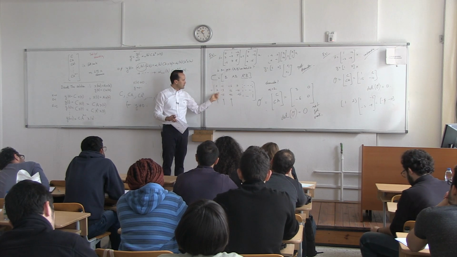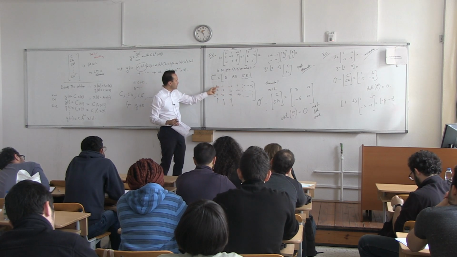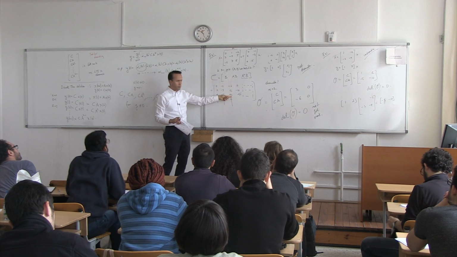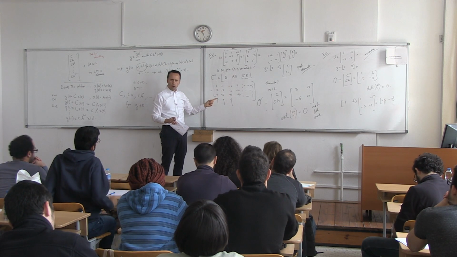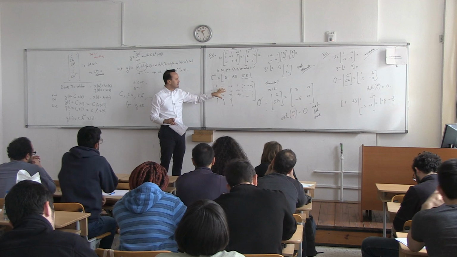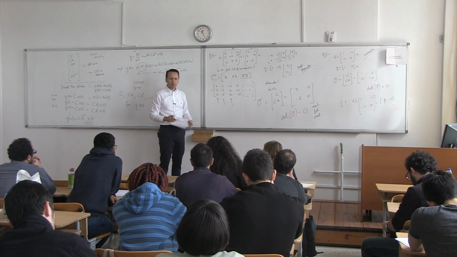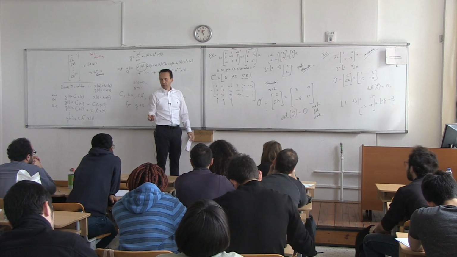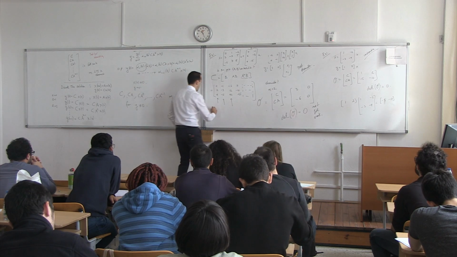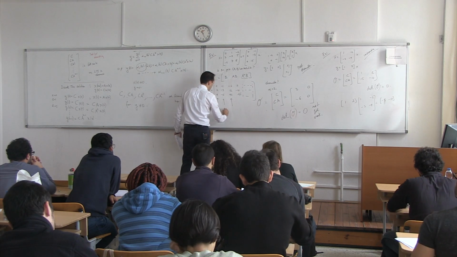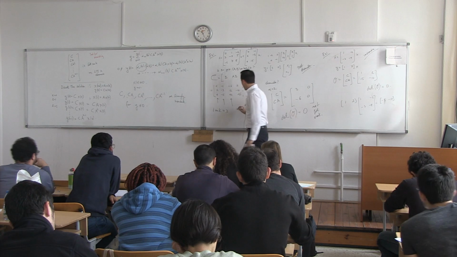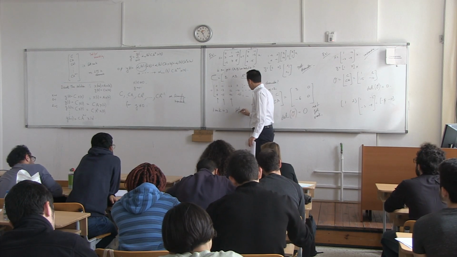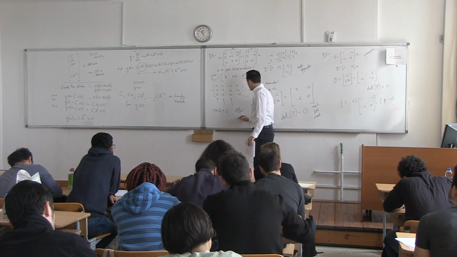I have a 0 here, minus 6. I have a 46 over here, minus 5 or 4. I can probably safely say that this is minimum rank 3. So I would call this a rank 3, and therefore, I would call this full rank. And therefore, I will call it controllable.